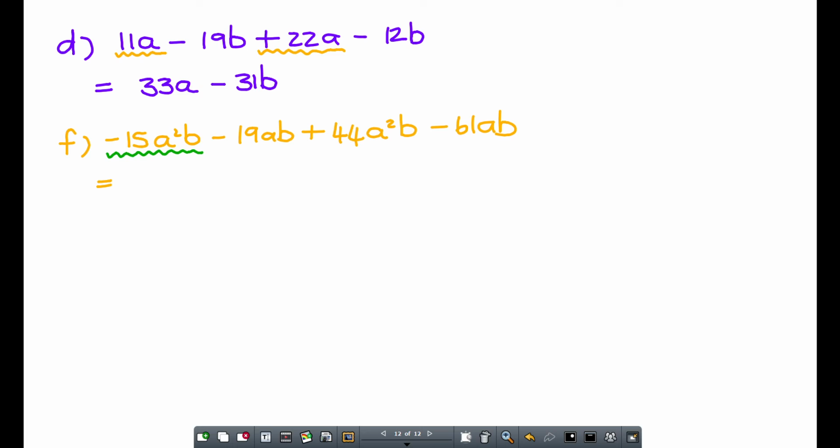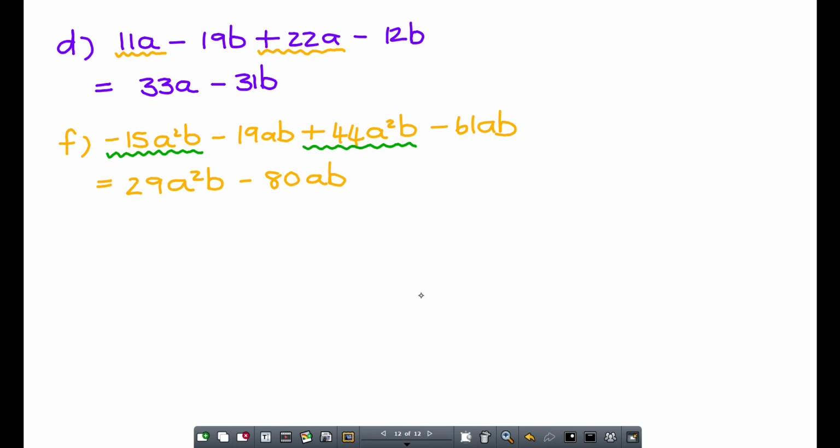Minus 15A squared B plus 44A squared B. Can you see I include that sign as well? No? Okay, so minus 15 plus the 44 gave me 29. And remember, the unknown stays A squared B. Then the minus 19AB and the minus 61AB can be simplified, and that's going to give me minus 80, still AB. You guys all understand?